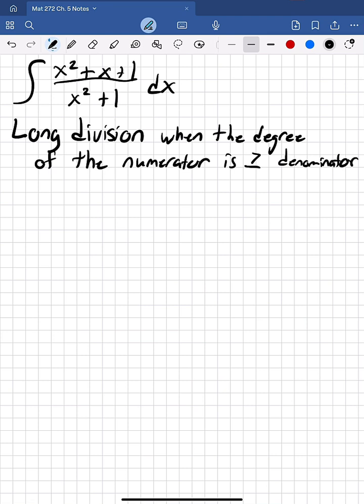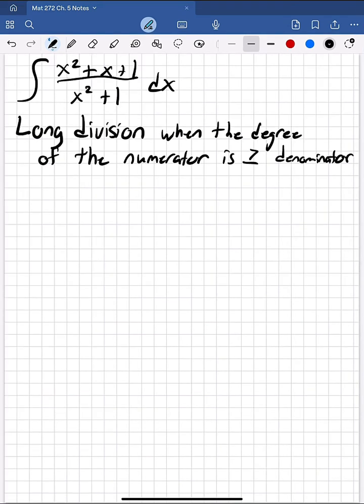So the degree for the numerator is 2. The degree for the denominator is also 2. So we can simplify this using long division. Okay. This is just another one of those tricks that can help us out.